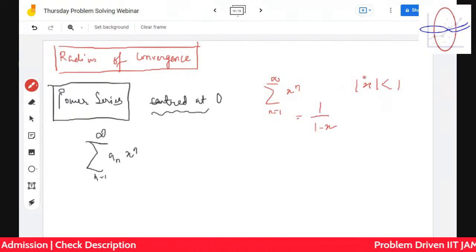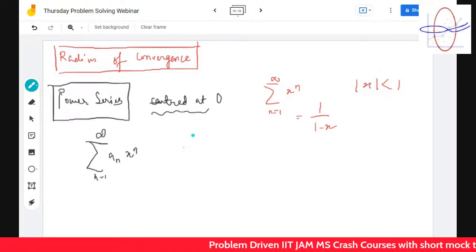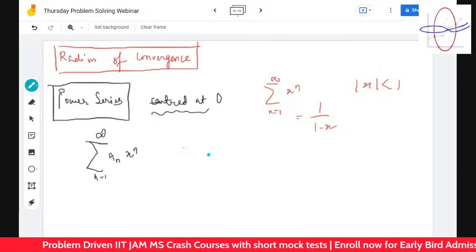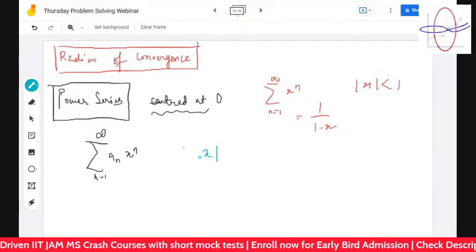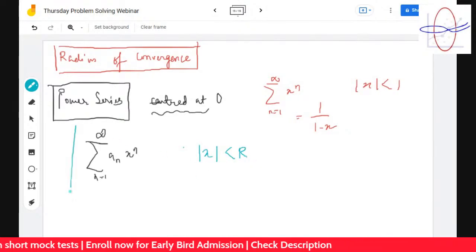It converges only if mod x is less than 1, right? Because the sum is 1 by 1 minus x. So the power series always has a radius of convergence. That is, it converges only if mod x is less than this. That's the idea.